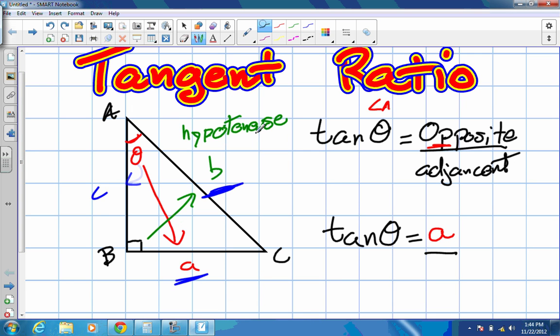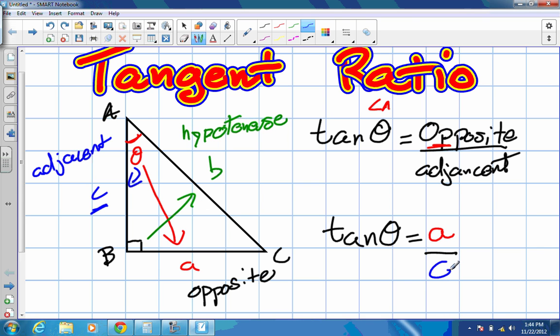This is our opposite, which by deduction means C must be our adjacent side, okay? So if this is our adjacent side, this is our opposite side, tan theta is equal to A over, and the adjacent side is known as C, okay? So we've set that up.